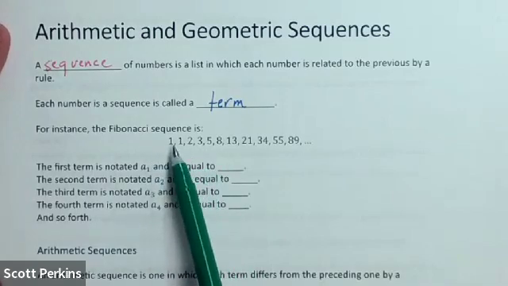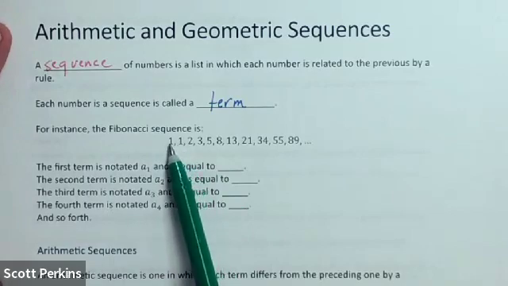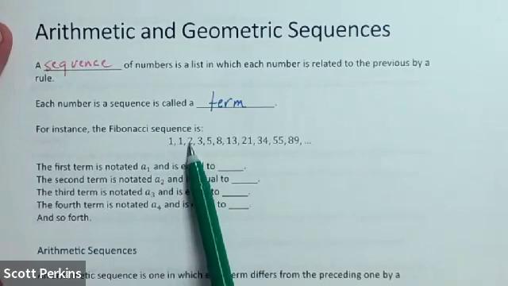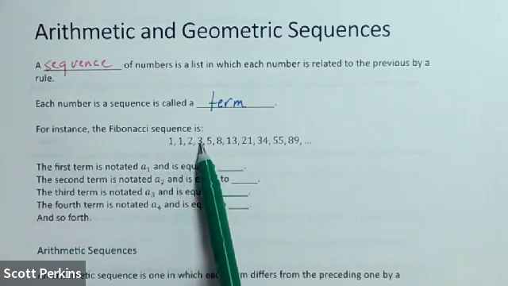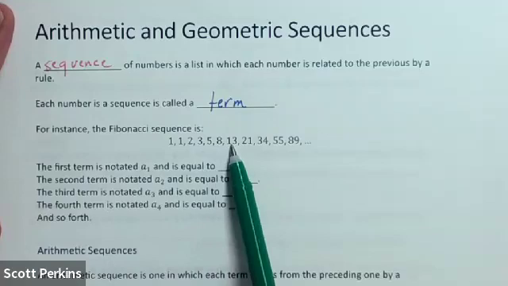In the Fibonacci sequence, you get each next term by adding the previous two. So we start off with a 1 and a 1, and then you can see that the next term you get by 1 plus 1 is 2. And then the next term is 1 plus 2 is 3. So you're always adding the two previous terms to get the next one. And so then 3 plus 5 gives you 8, and 5 and 8 gives you 13.